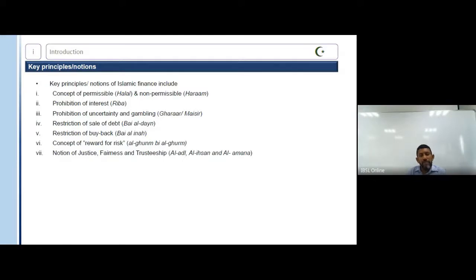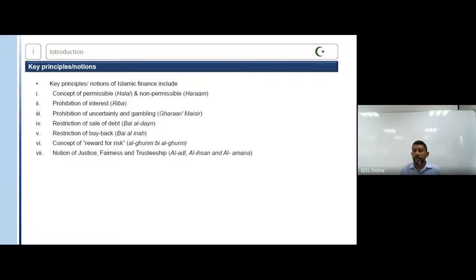Of course, this is a broader principle, not specifics like the other principles I explained. This is a broader, generalistic principle. So those are the broad principles. So under the implication of justice, fairness, and trusteeship is that certain activities which are not strictly non-permissible sometimes become unfair, and can also be ruled out in Islamic finance.